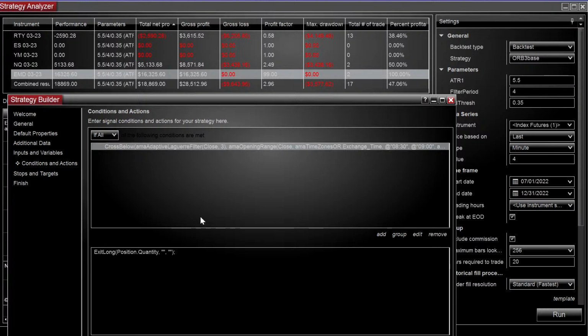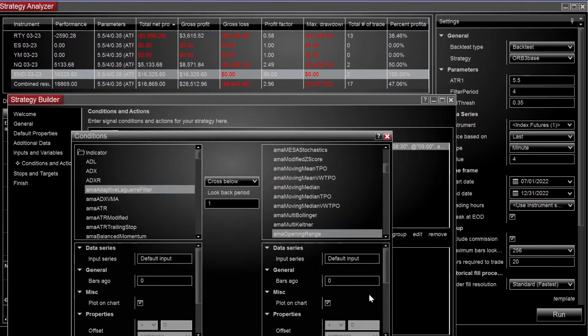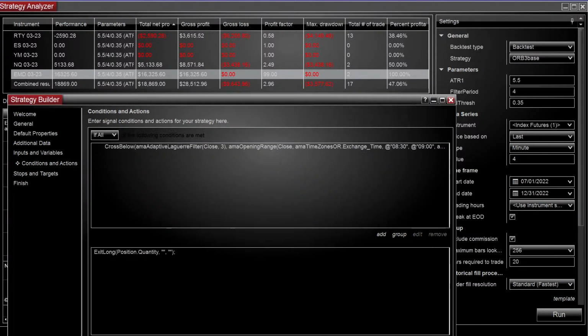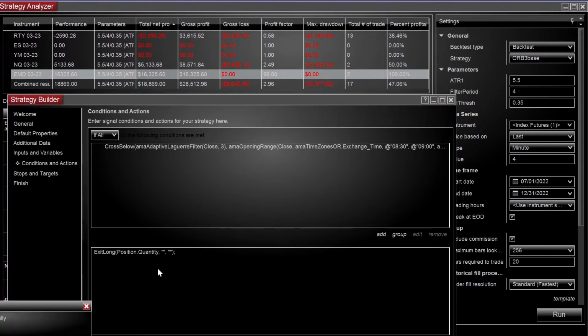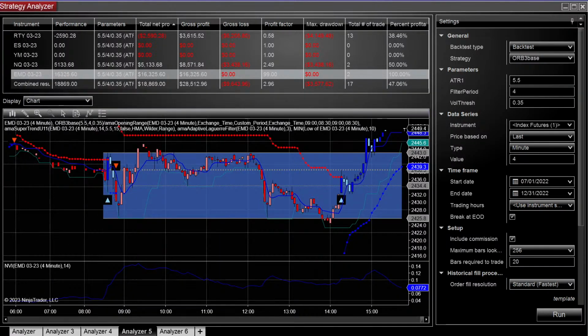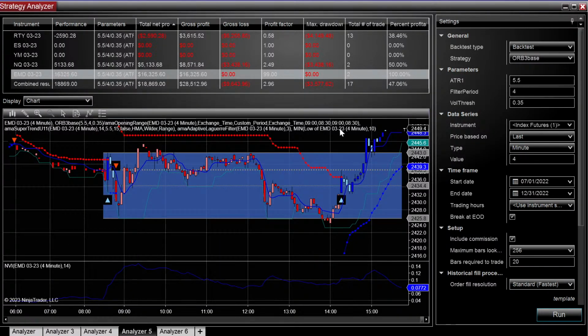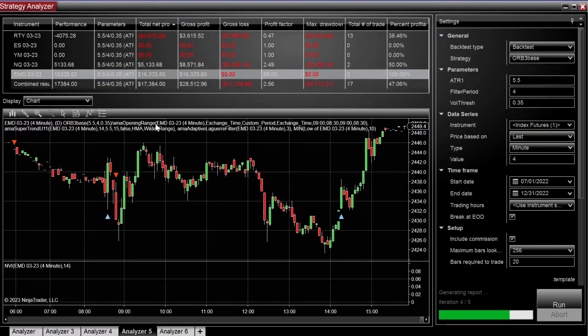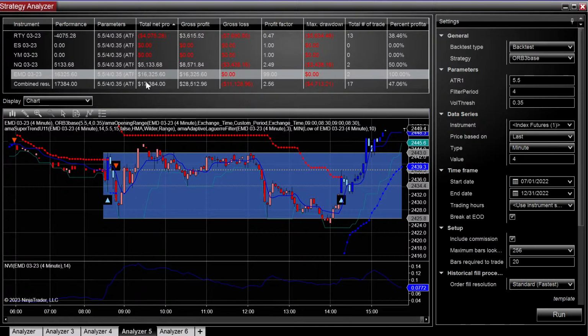So cross below. We're just going to test the opening range low. So we got 18,000 on 3. 17,000 on 4.